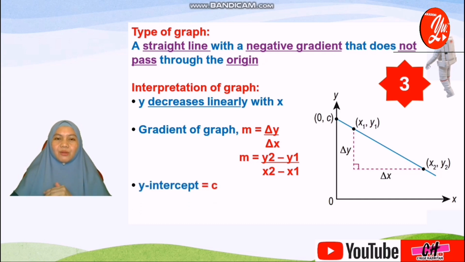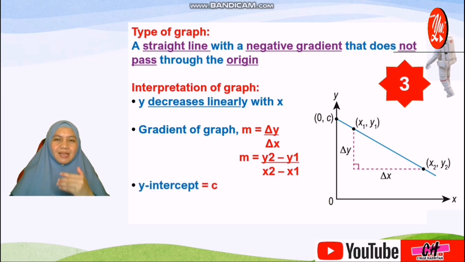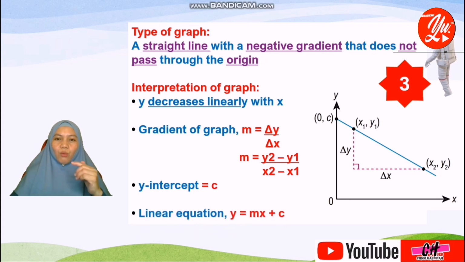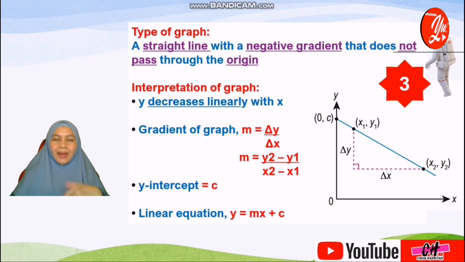And we can come up with the equation. There is the value for the y-intercept, which is c. So the linear equation is y equals mx plus c, where the value for m here is negative. So it can be y equals negative mx plus c.